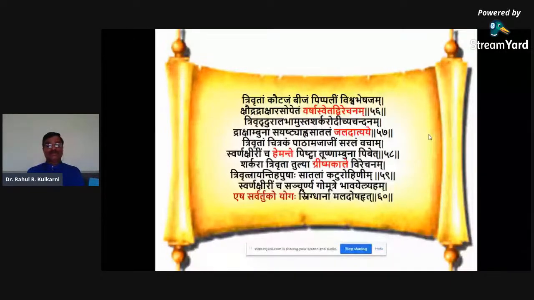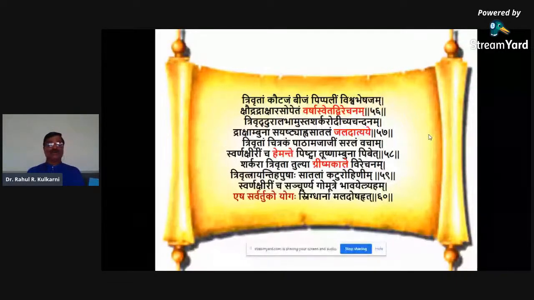See, Trivrut, Kutaja Bija, that is Indrayava, Pippali, Vishwa Bheshajam, that is Shunti, Shaudra Draksha Rasopetam, along with Draksha Rasa and Madhu, if you are administering, it is the best Virechaka dravya in Varsha Rutu. Varsha Svetad Virechanam. So here up to the 56 to 60 shloka, Rutu Virechana has been explained.